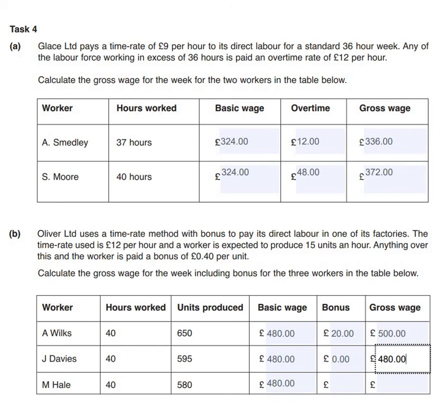And it's the same with M. Hale here. They only produced 580 units when they should have produced over 600 to get a bonus. So there's no bonus in this case, and the gross wage is £480 for that employee. And that's all there is to Task 4.